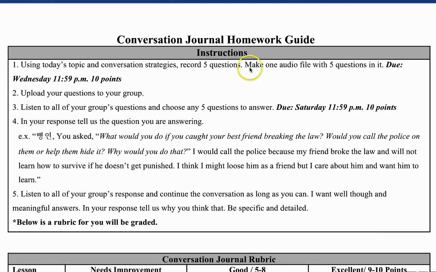So these are your instructions up here. And we're going to go through it a little bit quick right now, but I'm going to help you guys next week to do these, so don't worry. So on the conversation journal, it's going to be on Canvas, and you're going to use the day's topic and conversation strategies, record 5 questions, and you can just make one audio file with 5 questions on that.